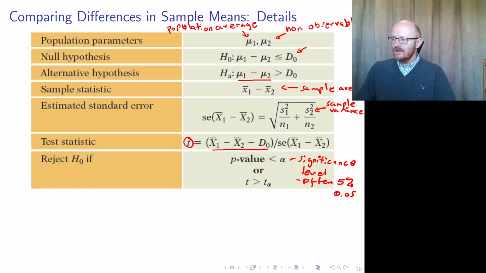Then you reject if the p-value is less than the significance level, or the t-value here is greater than the critical t-value.